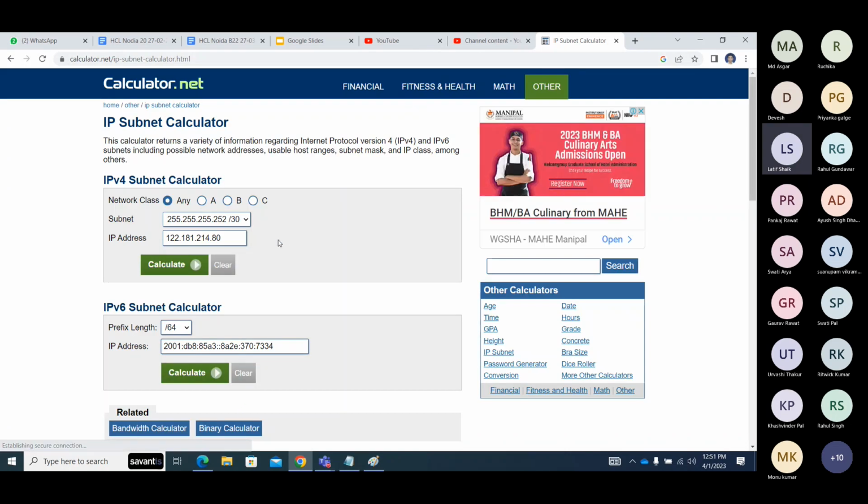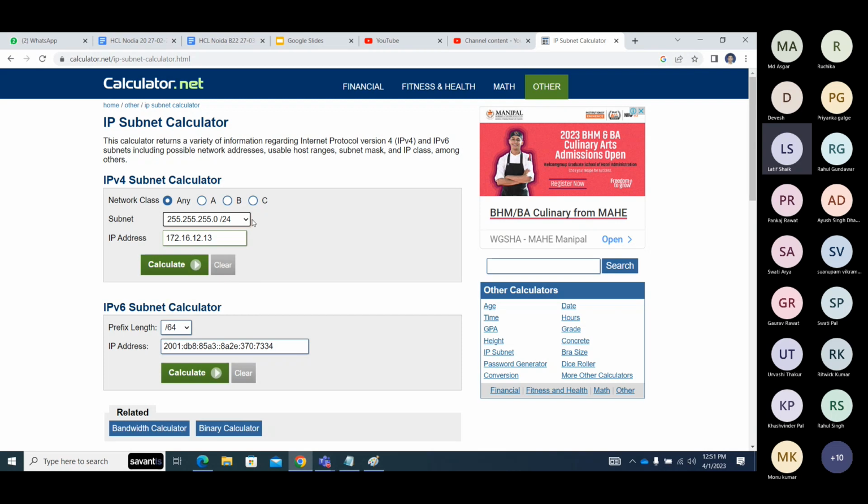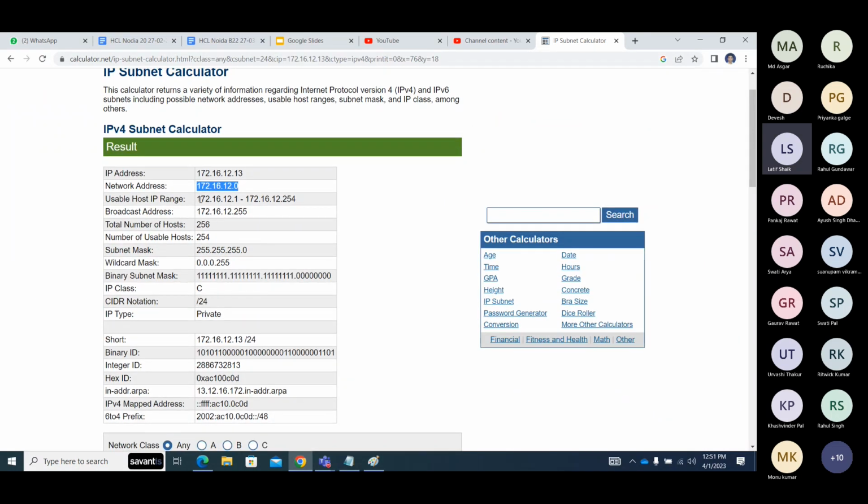So you take 172.16.12.13 and here I use 255.255 like this. Calculate. See this? The host range is changed. The network ID is this one, the broadcast ID is this, and this is the host range.